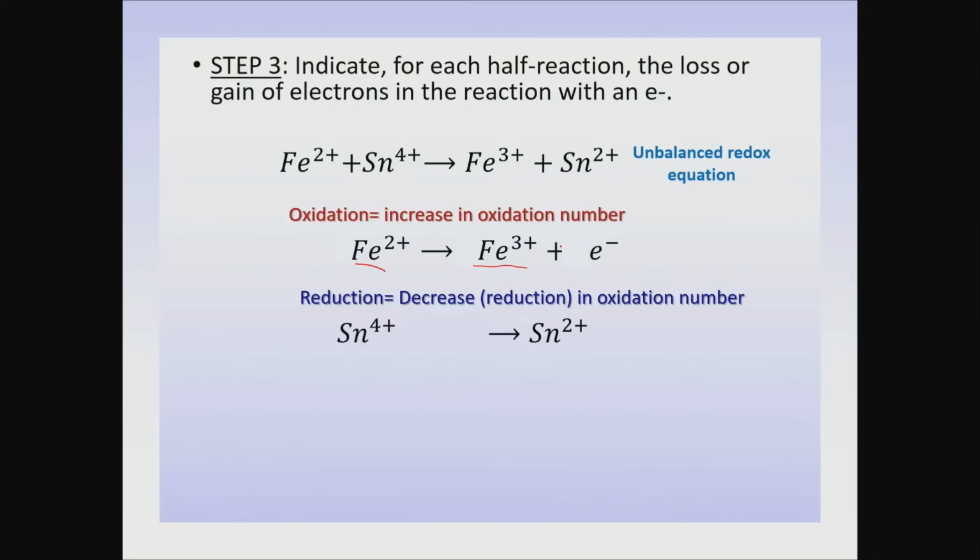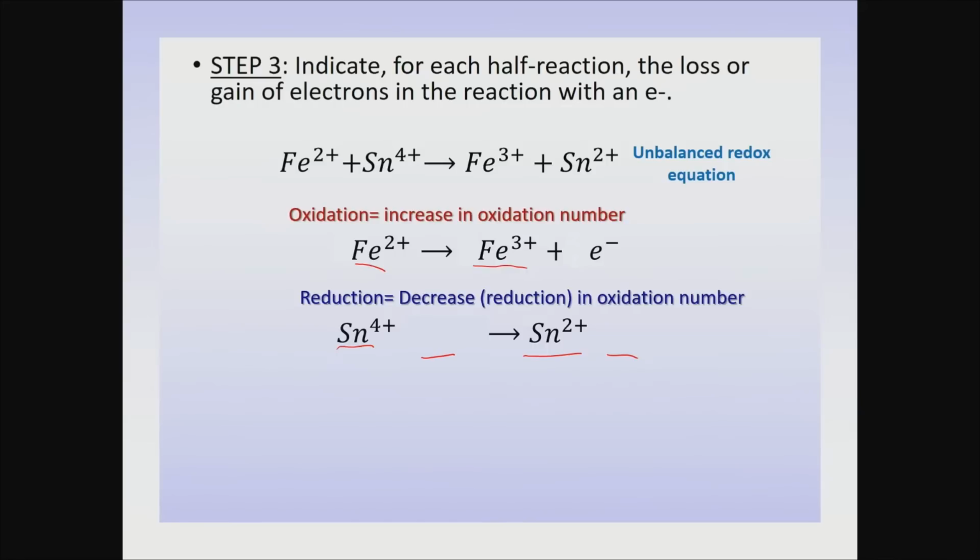Now let's look at the other reaction. Here we're going from Sn4+ to Sn2+, and this indicates a decrease in the oxidation number, so this is a reduction reaction. Where do we put the e-? Do we have it on the reactant side, which would be here, or on the product side, that is here? Well, we remember GER, gain of electrons, reduction.